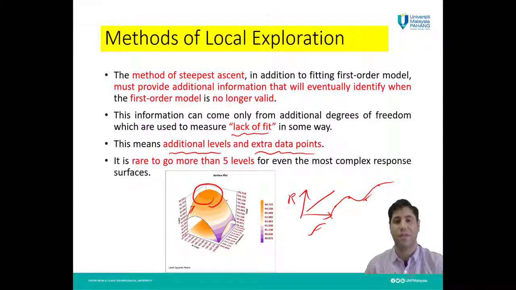And extra data points means more runs, so more actual experiments are required to get that second order model. But how many levels? Usually five different levels for each factor is enough to get a robust second order model for our experiment space.